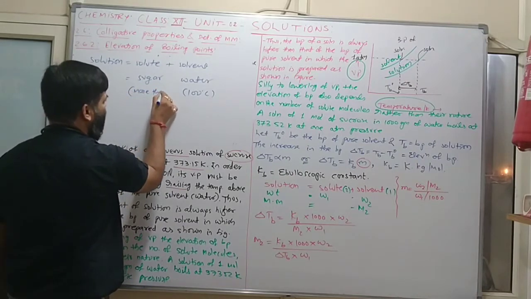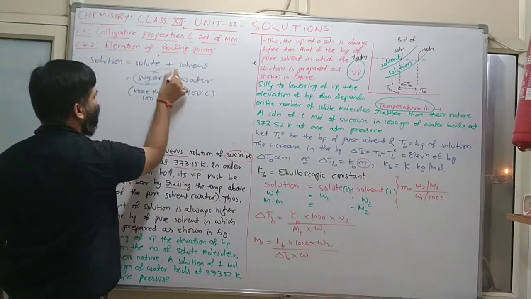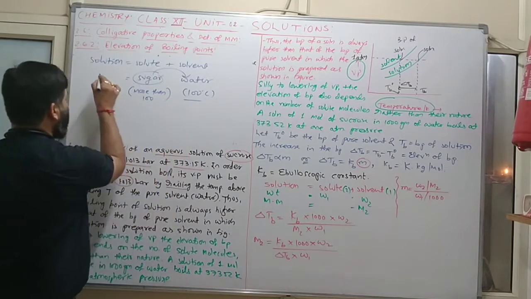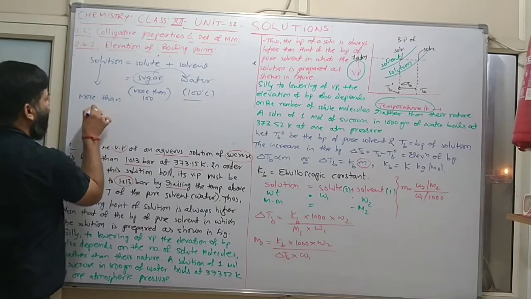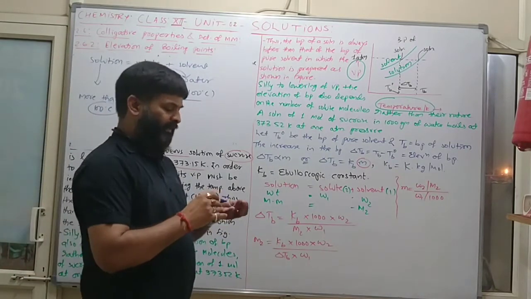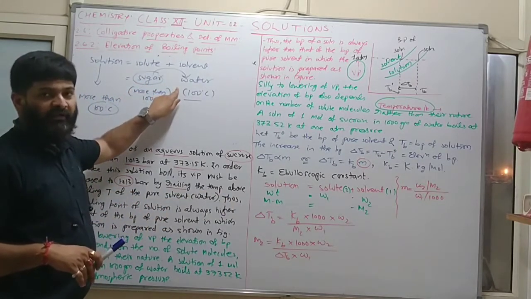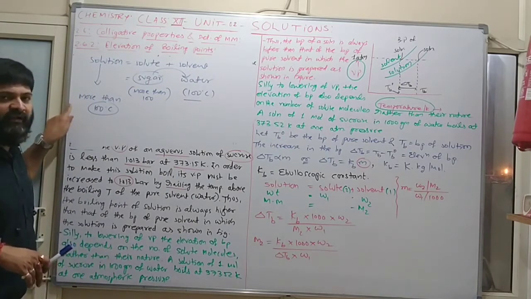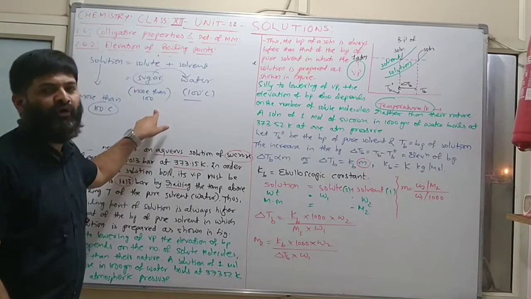So whenever we are mixing sugar inside this water, then finally boiling point of solution will be more than 100 degree Celsius. Therefore, it is normally known as elevation in boiling point.